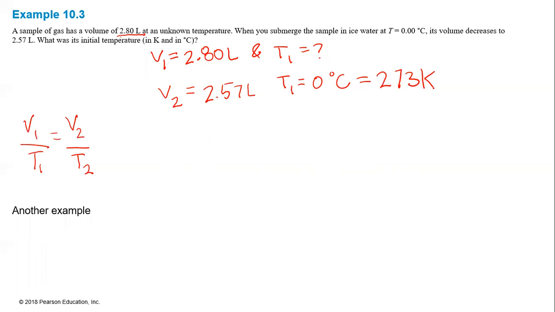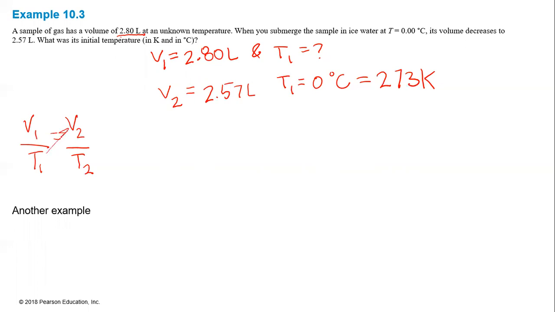With this equation, the most common error I see is y'all not being able to solve for temperature because it's in the bottom. So let's go ahead, cross multiply, and get our T1 by itself.